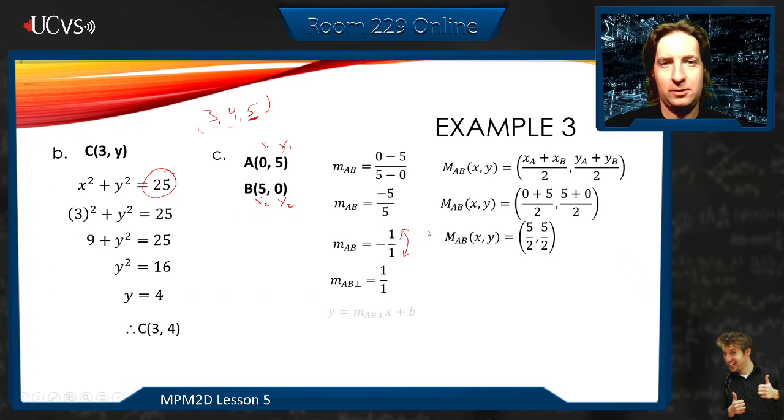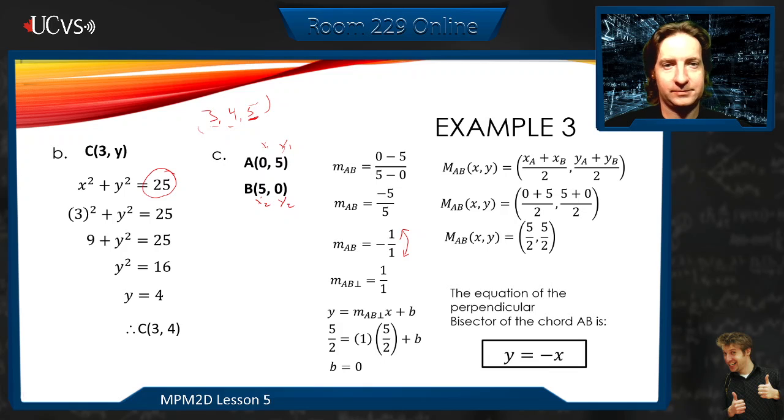So I'm going to replace those in my equation. So this will be my slope, and this will be my x and my y. And the only way that 5 halves can equal 5 halves is if b equals 0. And then I can substitute everything into my formula, right? Which is exactly what I got. So y equals x is my equation, which is what we expected, right?